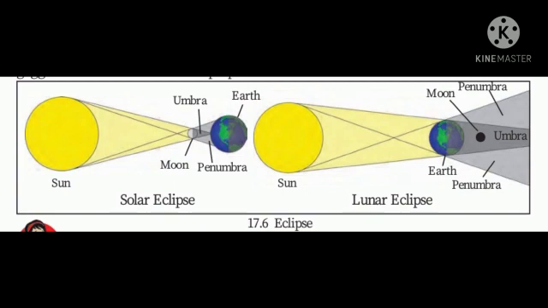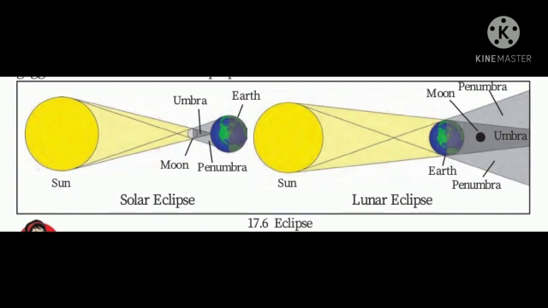The harmful ultraviolet rays emerging from the sun reach the earth even during the solar eclipse. The solar eclipse should never be watched with the naked eyes. Instead, special goggles should be used to watch it.